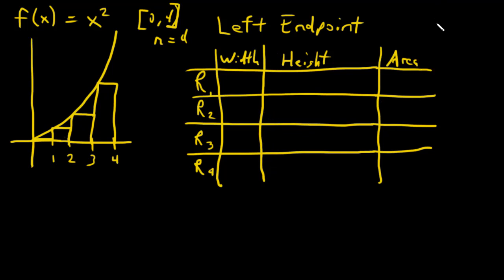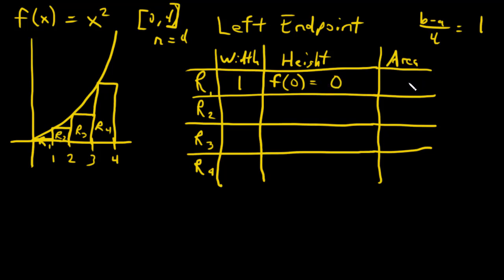Alrighty, so the width is going to be b minus a over 4. In this case, it's 4 over 4. Width is 1. What do I feed in for the height of my R1 rectangle? Well, that height is 0. It's what happens when I feed in x equals 0.